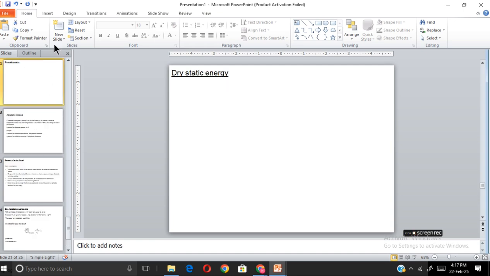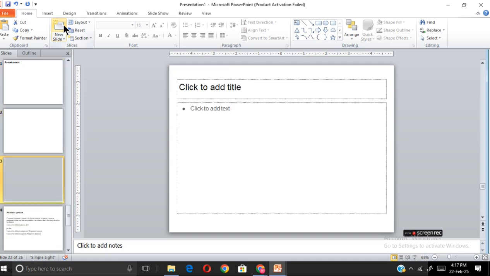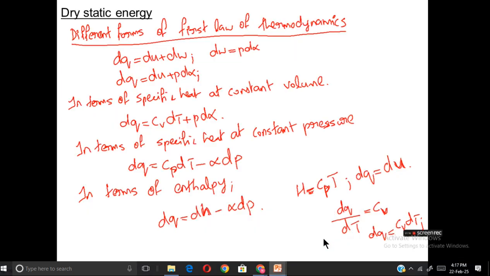Now let's look at what it means by the dry static energy of an air mass.